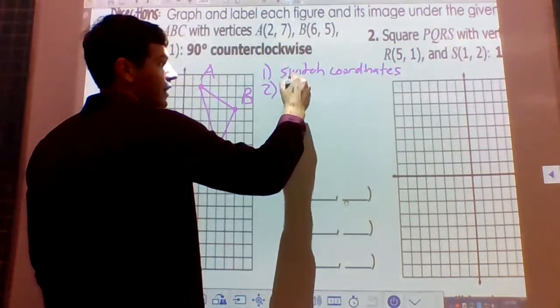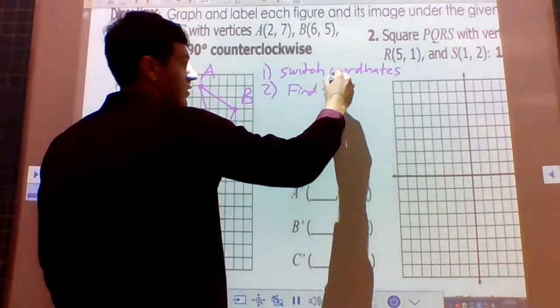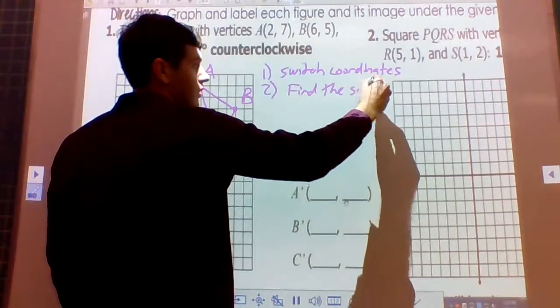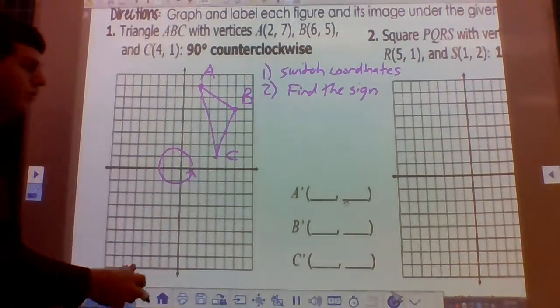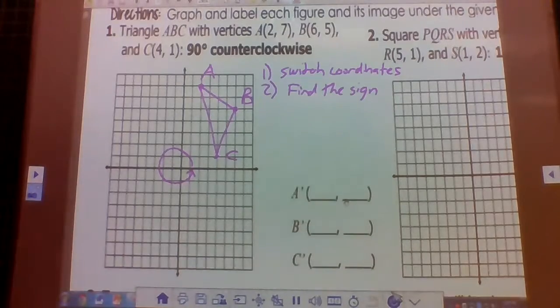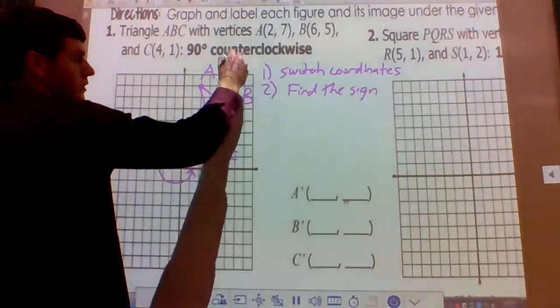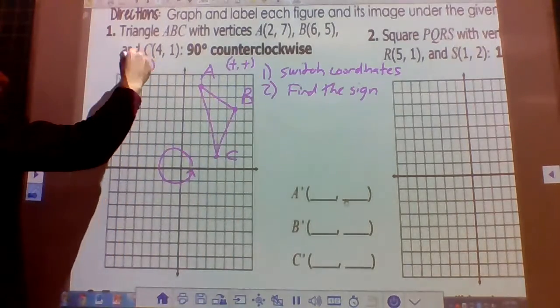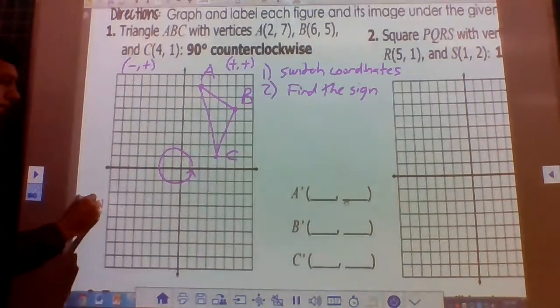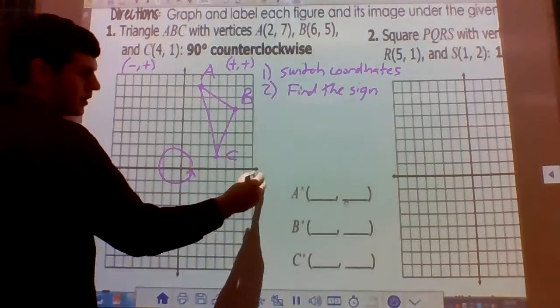Okay, and then we want to find the sign. So to find the sign, we have to know where the point is going. So if the point ends up in the first quadrant here, it's going to be positive, positive. If it ends up here, it's going to be negative, positive, then negative, negative, and then positive, negative.